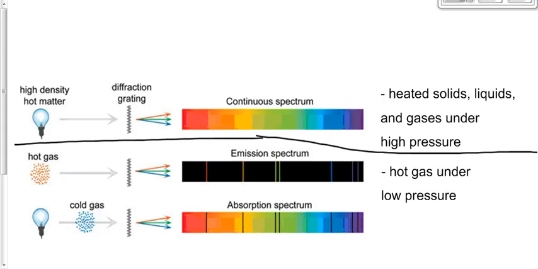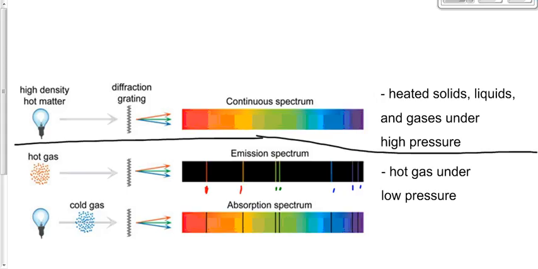And we know that it wasn't all the colors of the rainbow because when we look at a screen that's detecting this light, this is what we see. It's called an emission spectrum. Sometimes I'll call it the line emission spectrum. We see a single band of light right here, and then another one right here, and then a couple more right here, and then another one right here, and then a couple more right here.